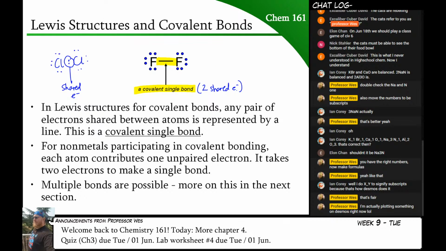These, and any other pair I could have selected, are called non-bonding electrons. In your Lewis structures, non-bonding electrons will show up all the time. It's very important to draw them, though.